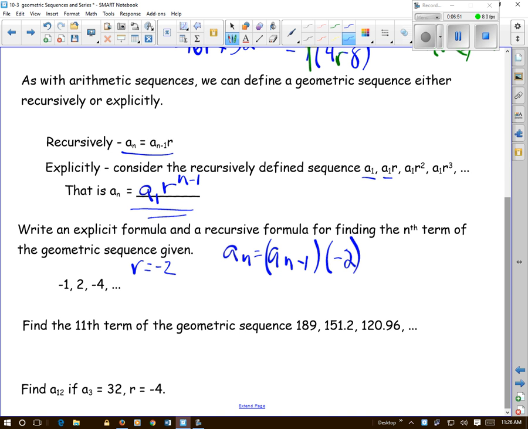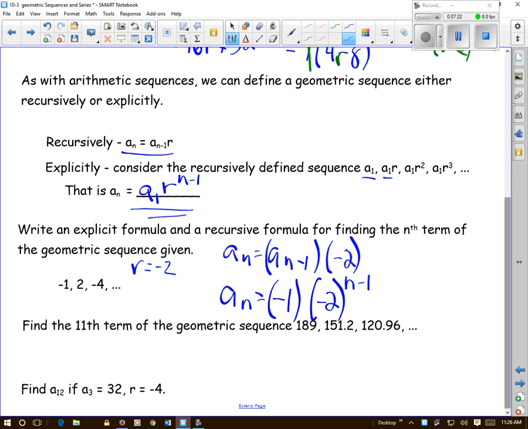For the explicit formula, a sub n equals a1, which in this case is negative 1, times r, negative 2, to the n minus 1 power.